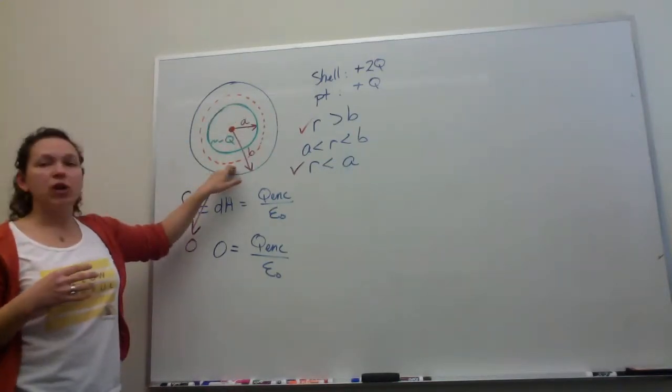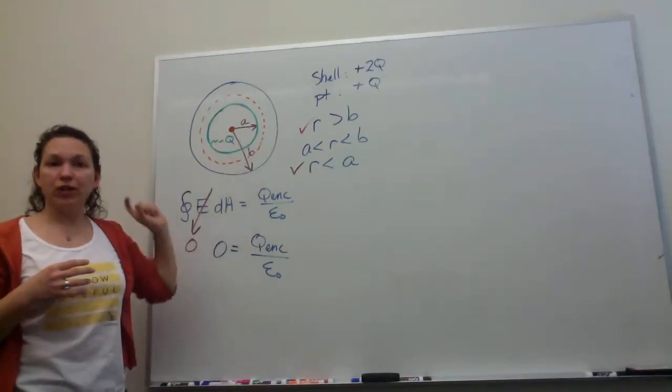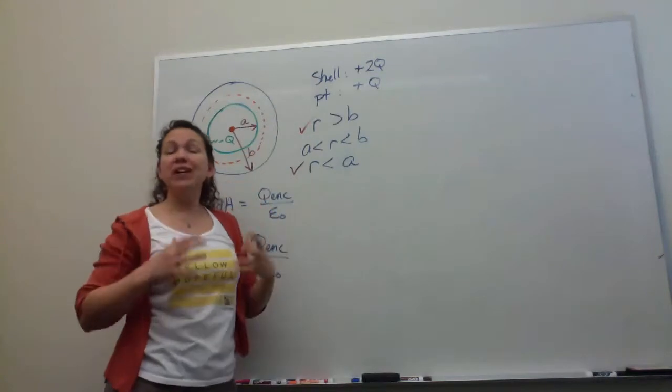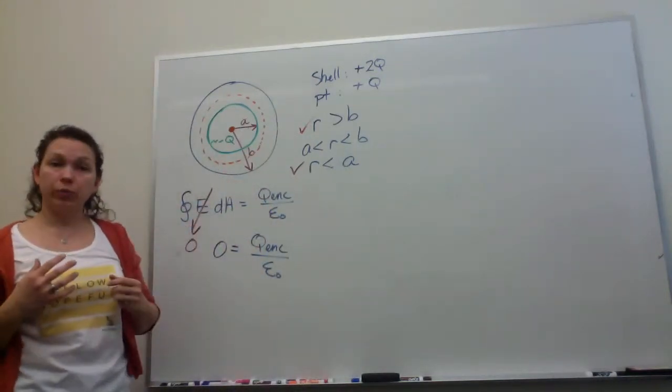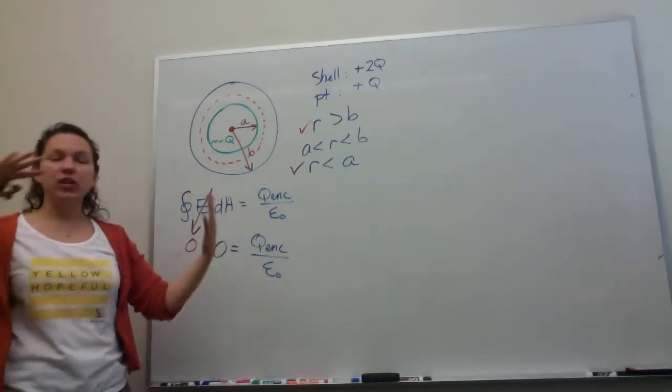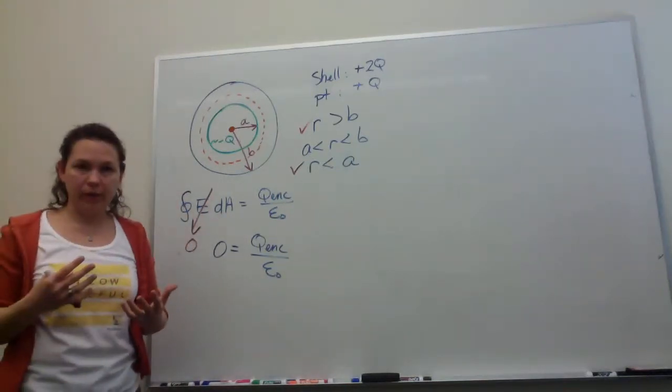But now let's talk about charge conservation just for the shell itself. We know that the shell has a charge just by itself of positive 2Q. We're not adding charge, we're not taking charge away, it's just being redistributed.